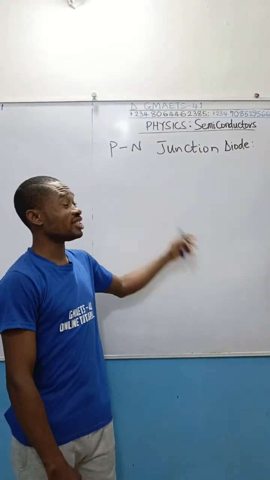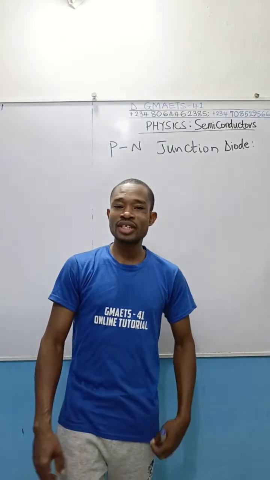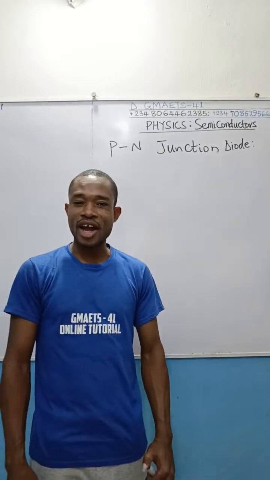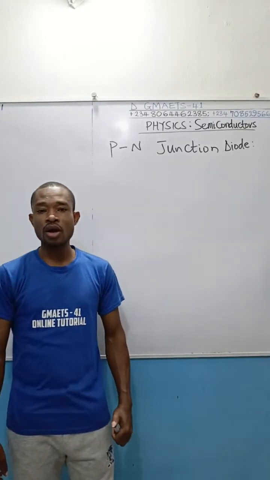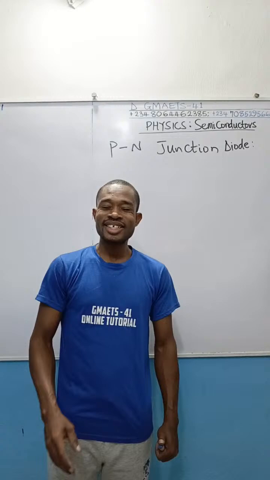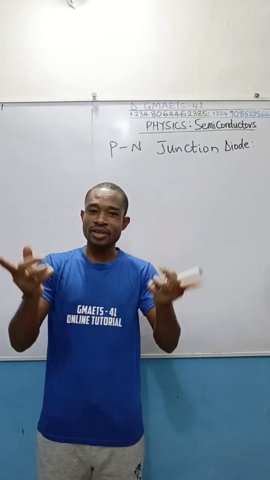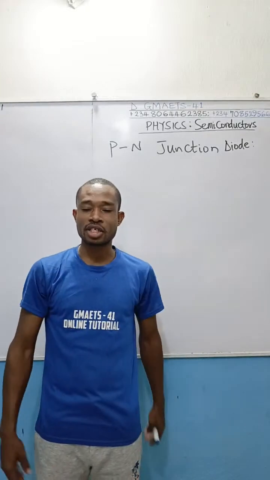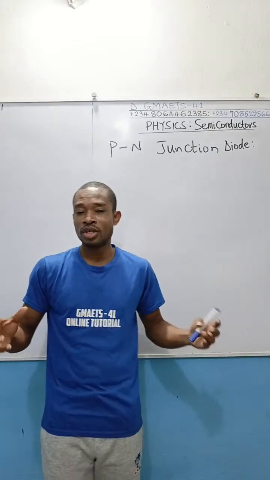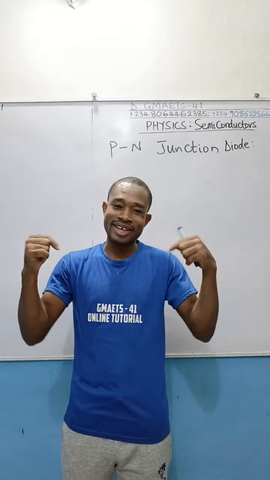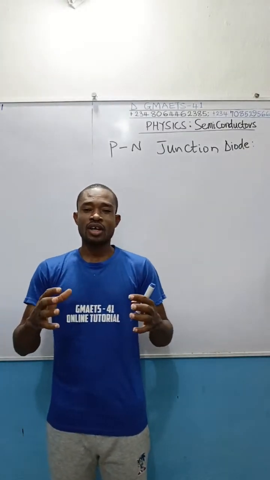This P-N junction diode, just like the thermionic diode, rectifier, thermistor and transistor, is a non-ohmic material. You can find out what all these are. Google them. I cannot show you a picture of them right now since I am live.